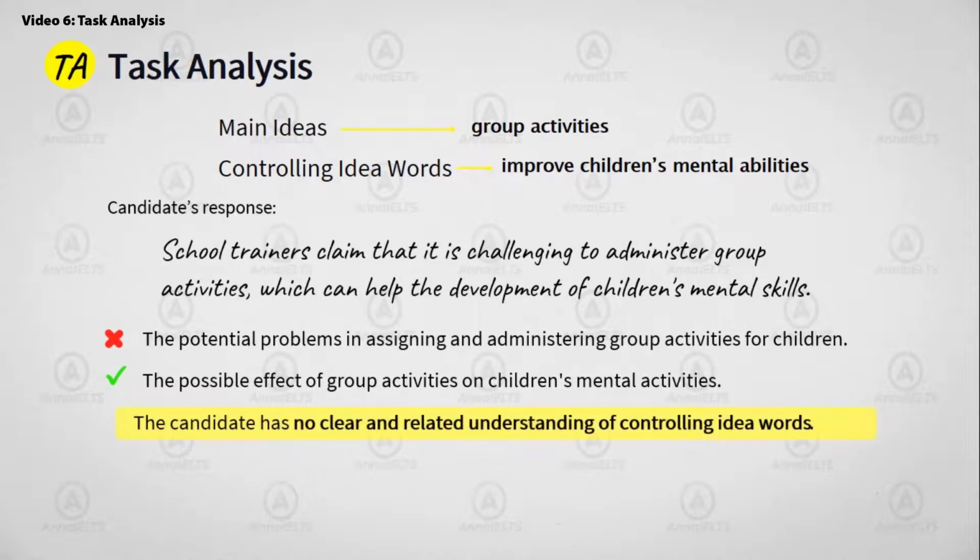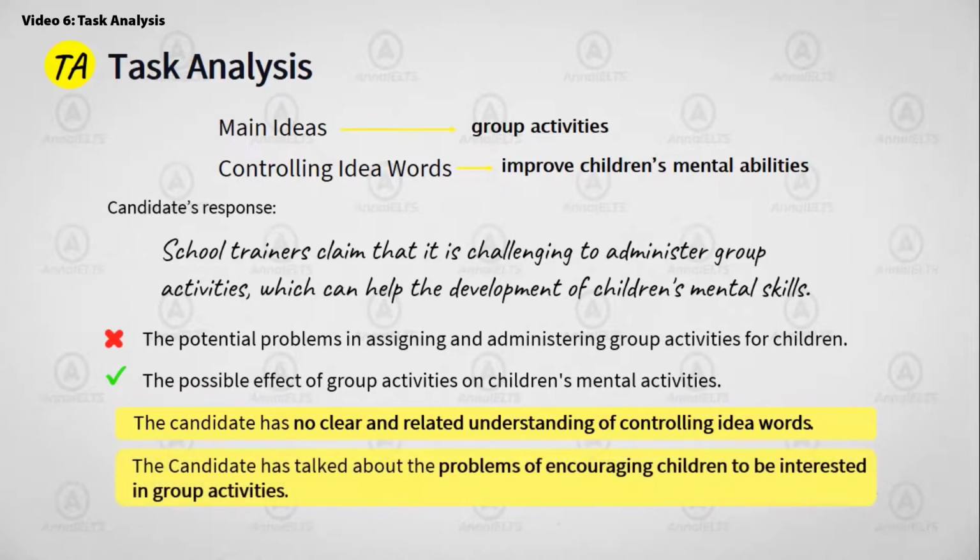Here the candidate has no clear and related understanding of controlling idea words. The candidate has talked about the problems of encouraging children to be interested in group activities. The candidate should have written about the possibility of improving children's mental ability through group activities.